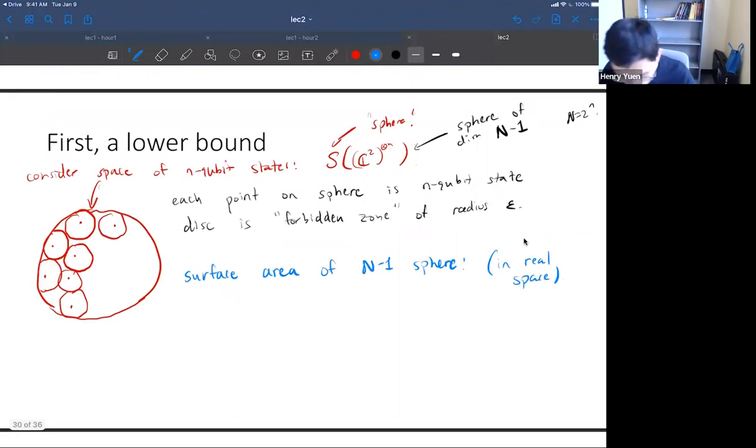There's a formula for the surface area of a sphere of radius r.